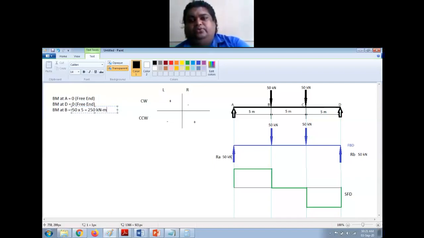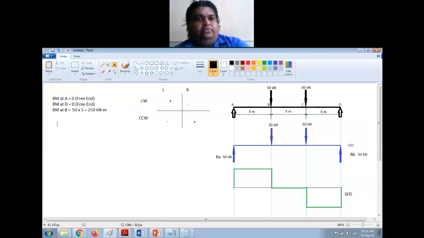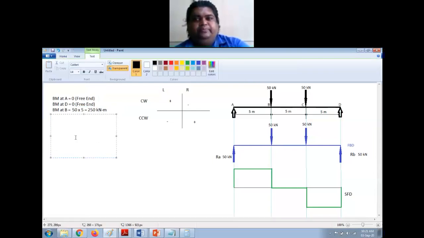So 50 kilonewton into 5 meter, that will be 250, 250 kilonewton meter bending moment at point B. Now I need to find the bending moment at C. So BM at C is equal to, now you can either take this side or this side, right? It will be same. So since on the right side I have only one force, so I will take this.